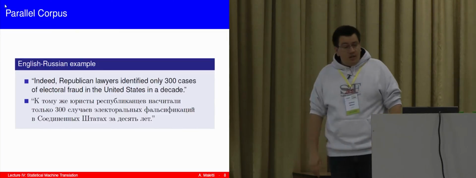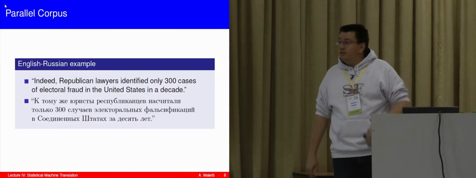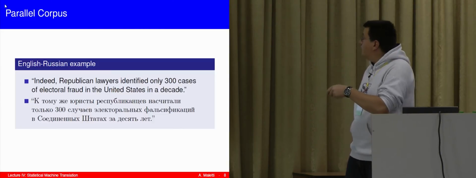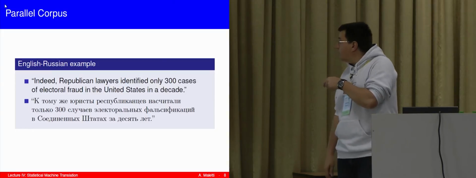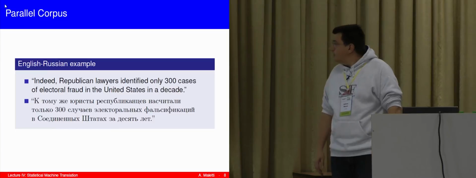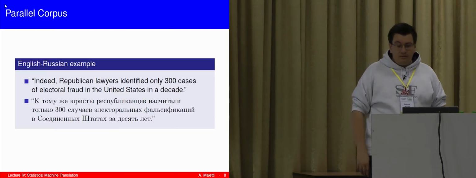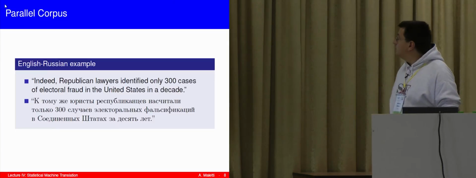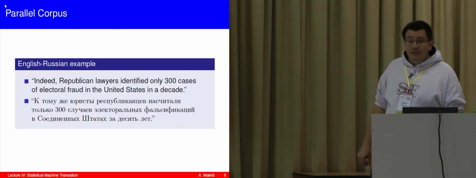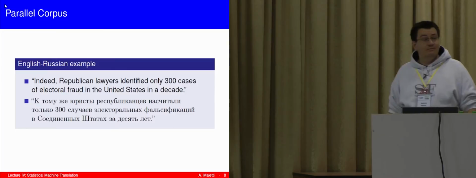Here's the English-Russian example, and you get to say what it says, because I have no idea whether this is a good translation or not. Indeed, Republican lawyers identified only 300 cases of electoral fraud in the United States in a decade. I don't know how to read this other stuff. And is that a good translation of this sentence? It's okay?